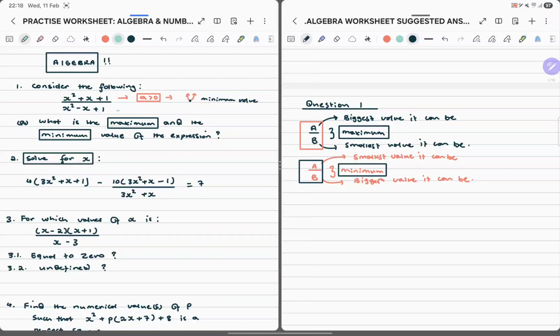If we look at the denominator, it's a similar situation. A is greater than 0. Now, folks, you've done functions. You need to know what a is. This is the coefficient of the highest power in the expression. So this means the coefficient of x squared. So if it is greater than 0, this is also going to be a graph that is concave up. And this also means that it has a minimum value at the turning point.